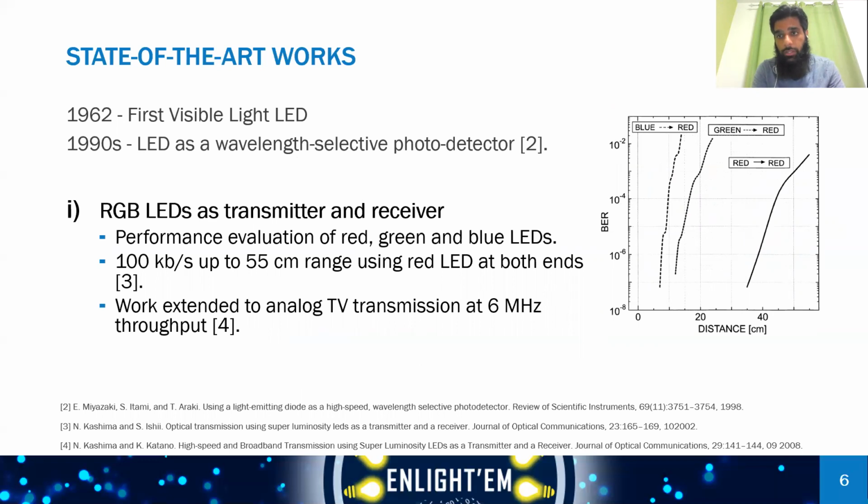You can see in the figure that Miyazaki et al. used different combinations of RGB LEDs, blue to red, blue to green, and they compared the performance of all the combinations. They found that red to red LED gives the maximum range. They achieved a data rate of 100 kb per second up to a range of 55 centimeters using a red LED at both ends. They extended their work to transmit a TV signal at 6 megahertz, but with a very short range.